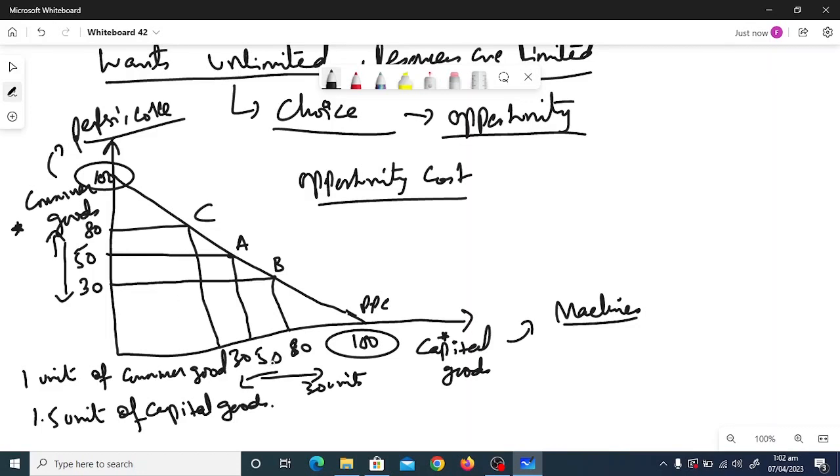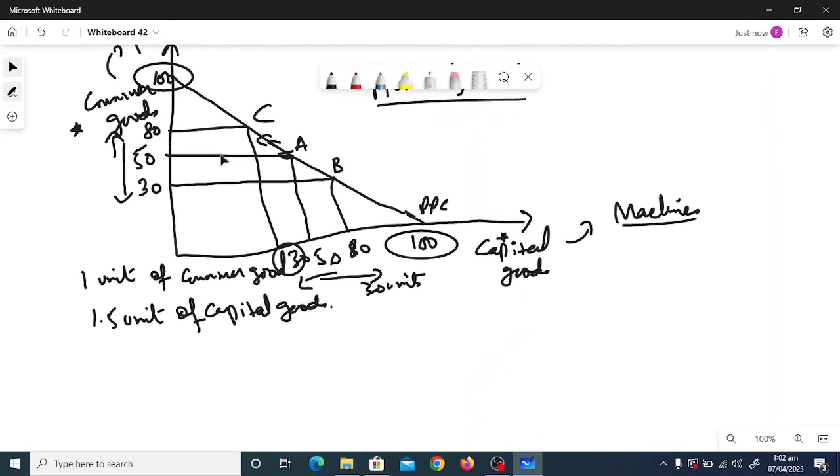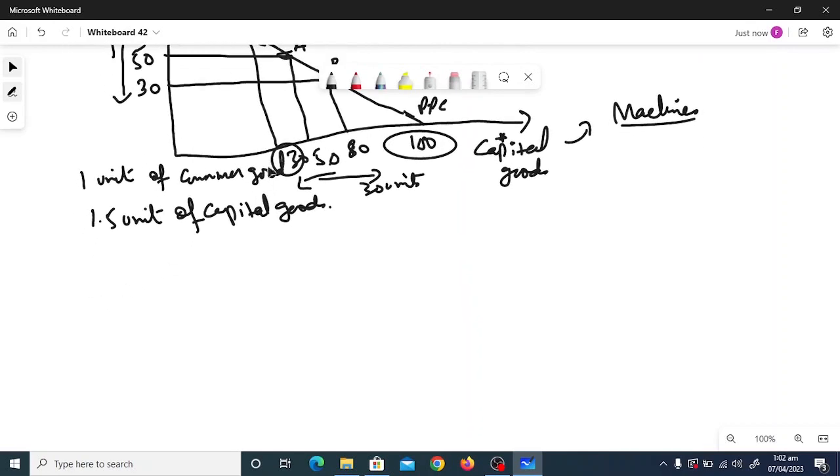I'm moving from 50 to 30 units, so I'm leaving 20 units and getting 30 units. So for every 1 unit given up, I'm getting an additional 1.5 units. The examiner will give you a lot of MCQs like this in your examination, and you have to calculate that. Okay, I hope you understood this.